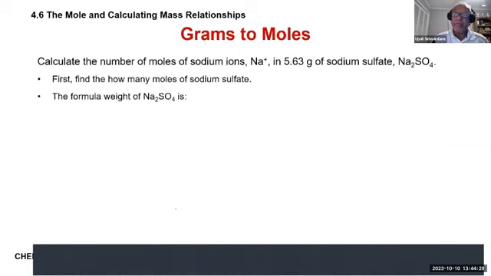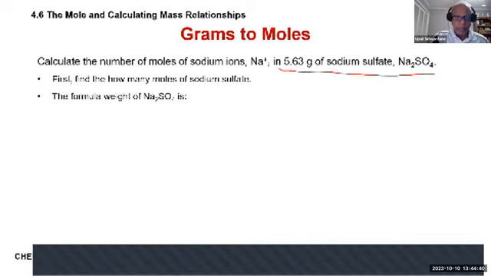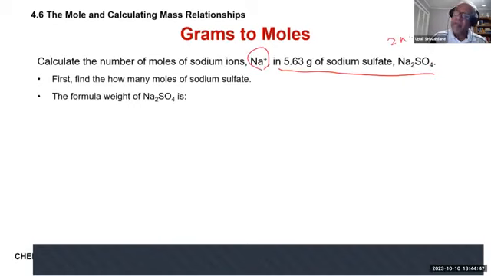How do you convert grams to moles? They're asking, in 5.63 grams of sodium sulfate, how many sodium ions are there? This is a little complex. There are 2 sodium ions in each formula unit, therefore there are twice as many moles of sodium as moles of sodium sulfate. First, how do you get the moles of sodium sulfate? You have to get the formula weight.